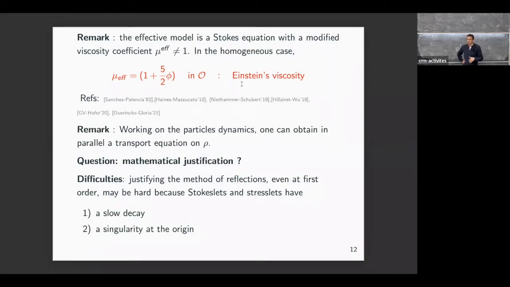You have terms homogeneous of order -1, of order -2, typically. This creates two kinds of difficulties. First, they don't have a good decay; they are not so much localized, and also they have a singularity at the origin.